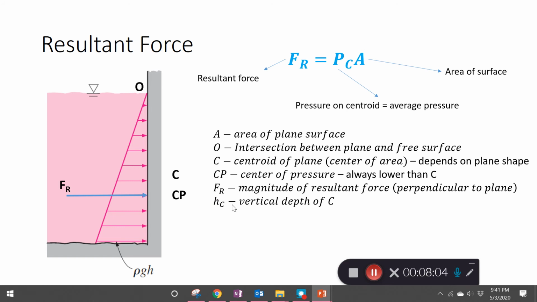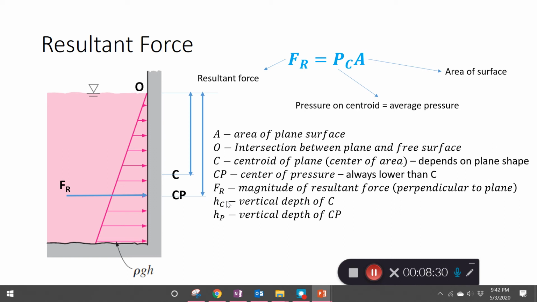Hc is the vertical depth of C. So vertical depth meaning from the free surface to point C, that is Hc, height of point C. And then we also have Hp, which is the vertical depth of Cp, which is of course here.